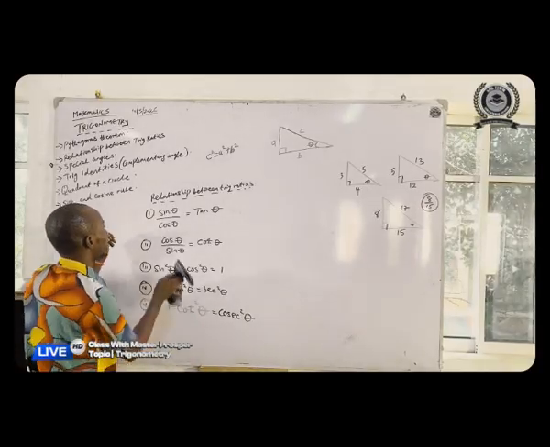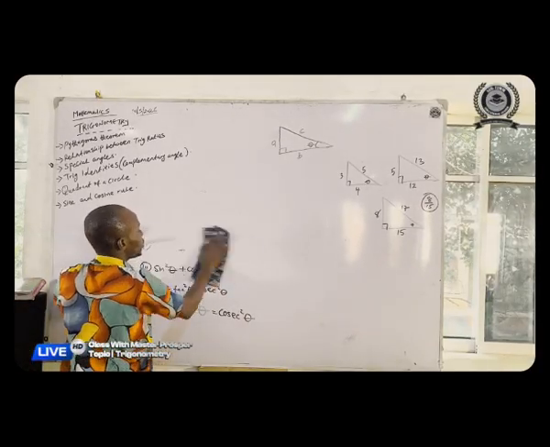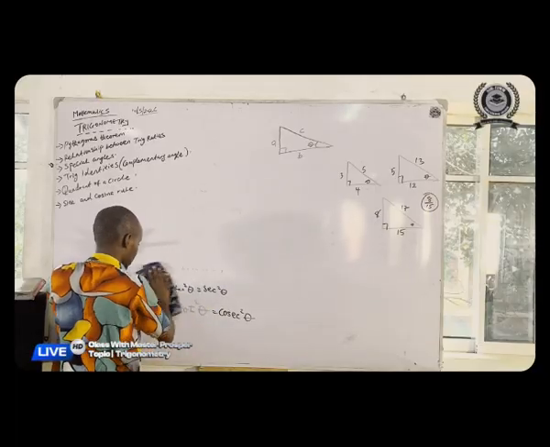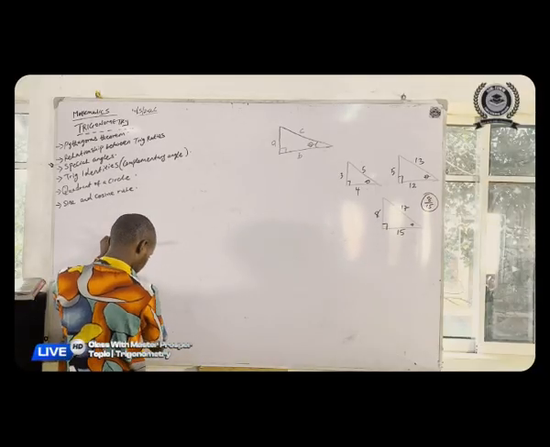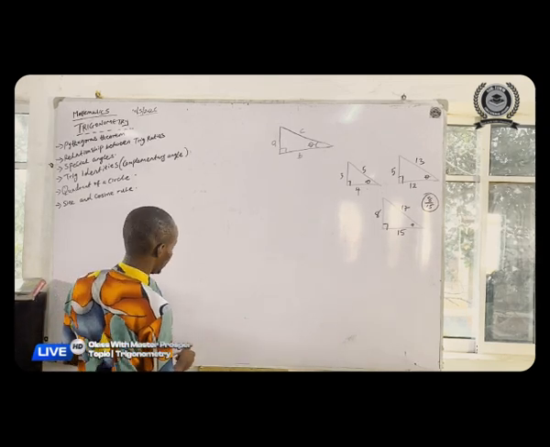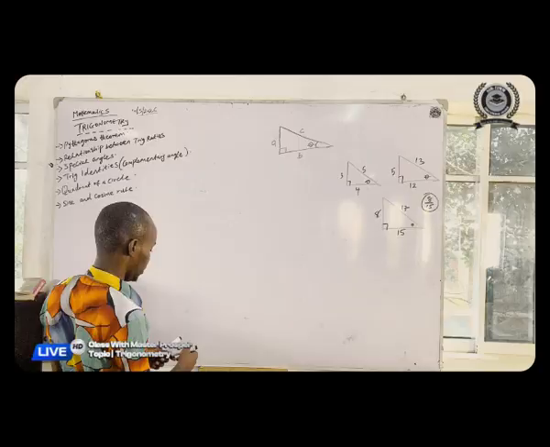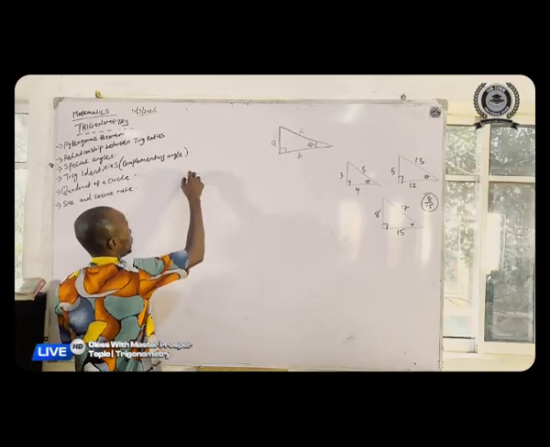As we have seen the relationship between the trig ratios, let's go to the special angles. What are the special angles? Sine 45.